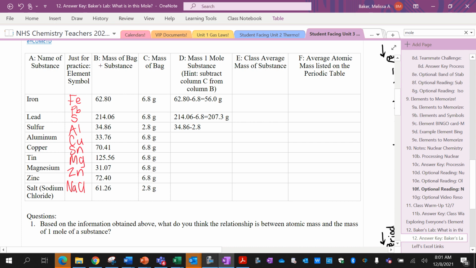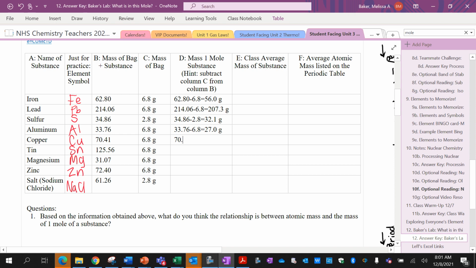34.86 minus 2.8. This bag was a little bit smaller. Keeping 1 decimal place here. 33.76 minus 6.8. 27.0 grams. Oops, some of my element symbols are going to get off here.